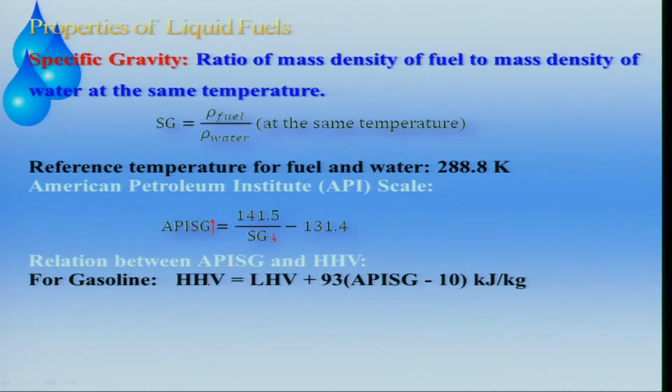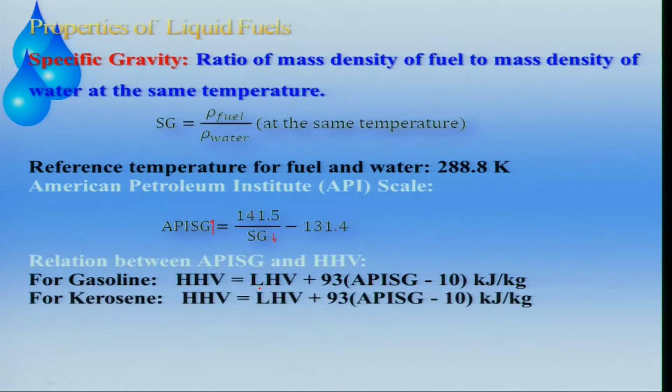For gasoline, the higher heating value is equal to the lower heating value, 93 API minus 10, in kilojoules. These are basically empirical constants which have been used for gasoline, and similarly for kerosene it has similar numbers.